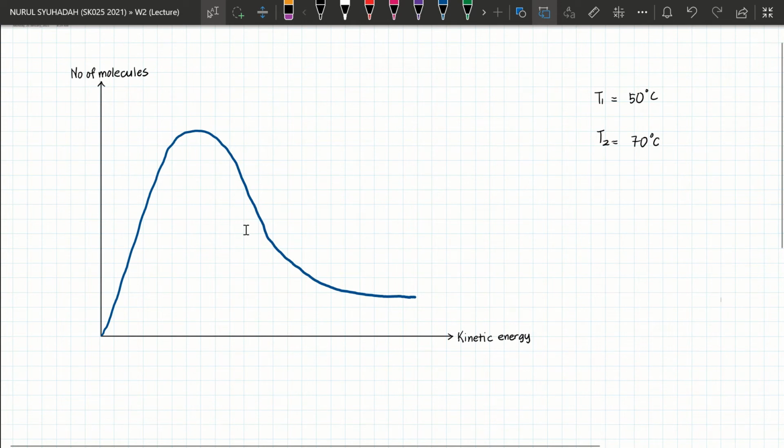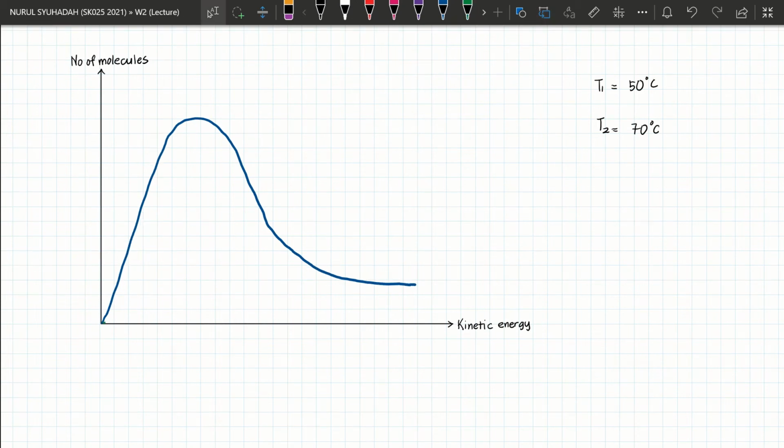And then to draw the second curve, let me try to draw it freehand here. Let me draw it live for you. The second curve, you should start from 0 as well, but the peak will be slightly lower, and the curve will be slightly wider than the first one.